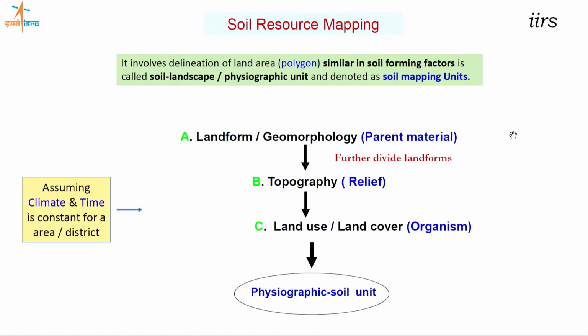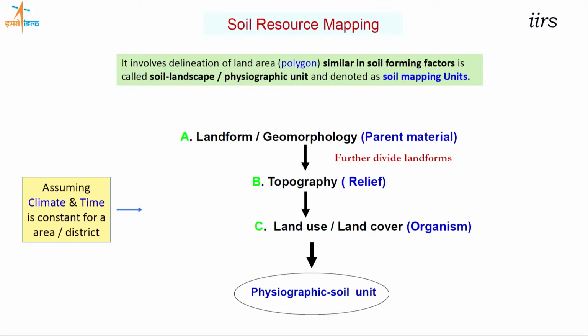So if you want to do soil resource mapping, or divide your land area or district into various map units, then this simple procedure is demonstrated here. First you map landform or geomorphology, which will represent the parent material. Then each geomorphology is further divided based on the topography, that is called relief.